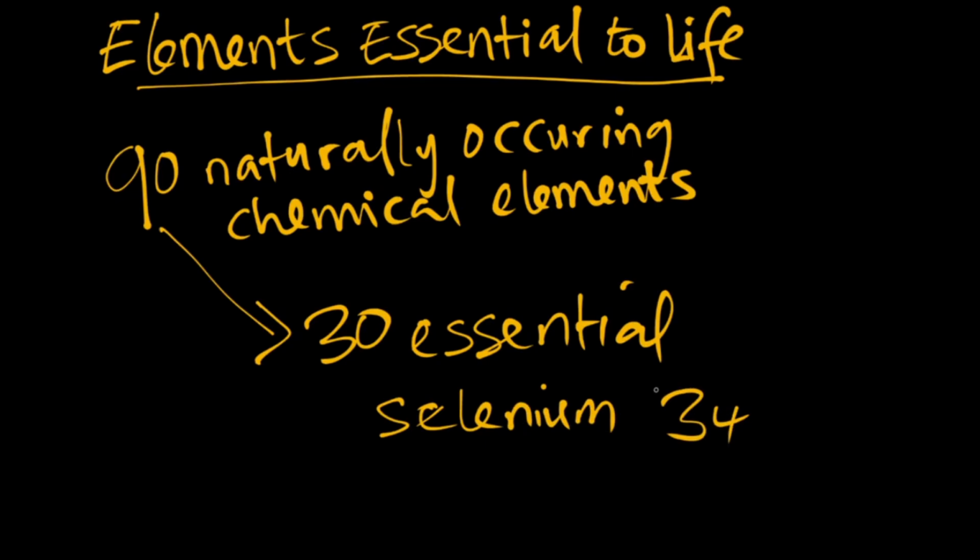Selenium's atomic number is 34. So only about 5 of these essential elements have atomic numbers higher than selenium.